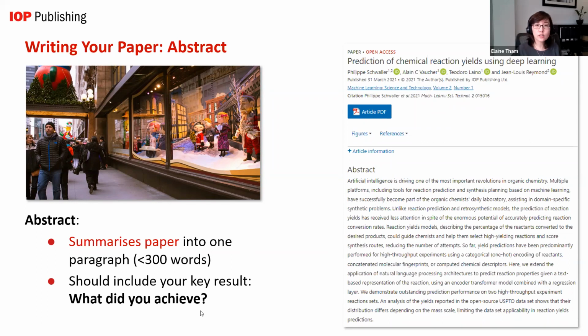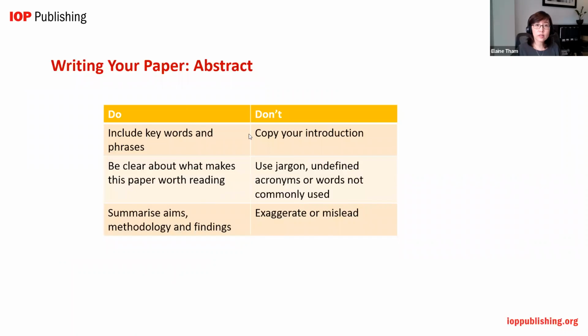And then also make sure you include your key result. What did you achieve in your research? Your abstract should also include keywords and phrases and help the reader understand what makes your paper worth reading. Including keywords, especially in the first two lines, first two sentences, will increase the search engine discoverability of your paper.